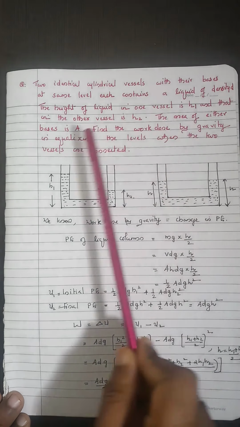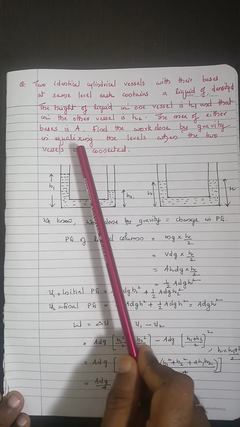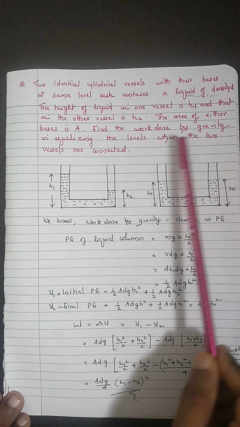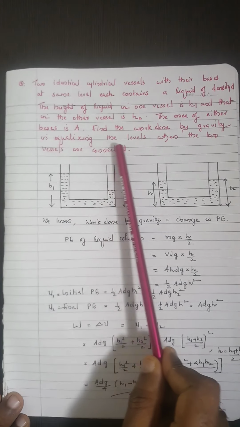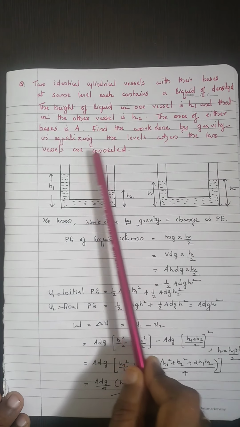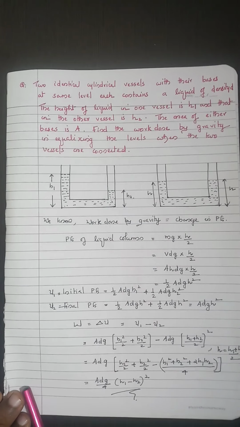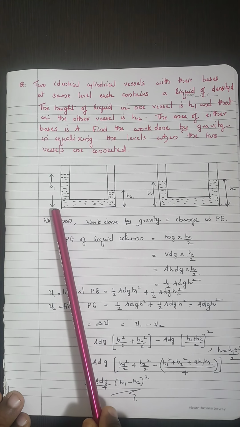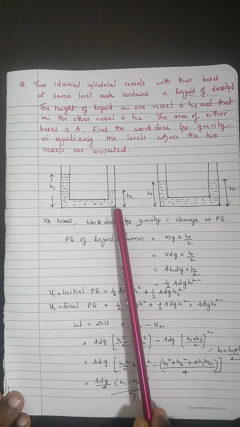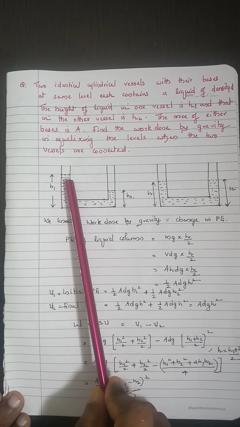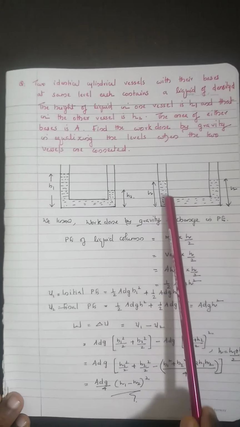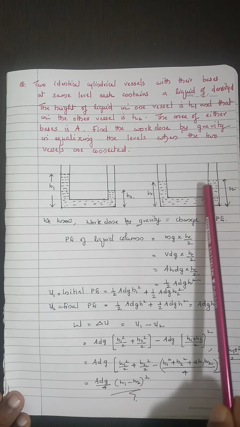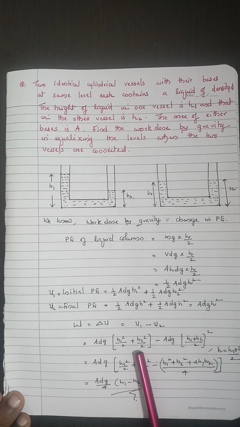The area of either base is capital A. Then find the work done by gravity in equalizing the levels when the two vessels are connected. Look here. In the first condition, there is a level difference. By potential energy adjustment, it regains the same level. So how much work is done? It is the change in potential energy.